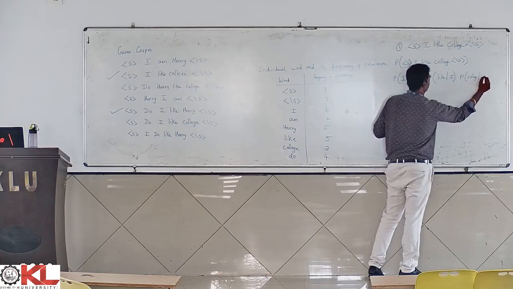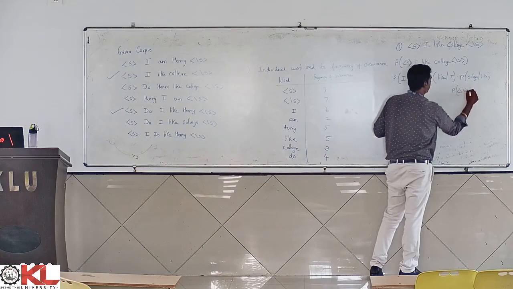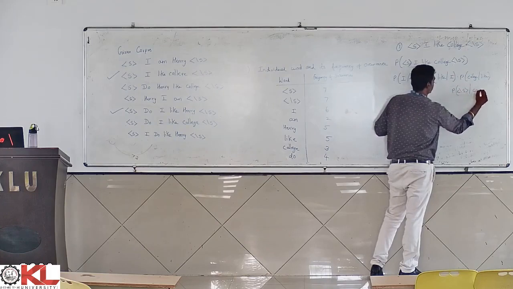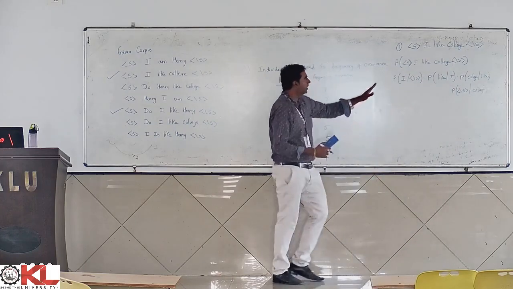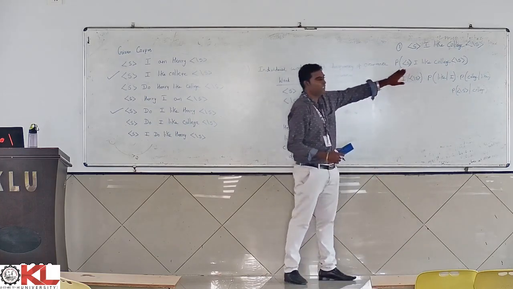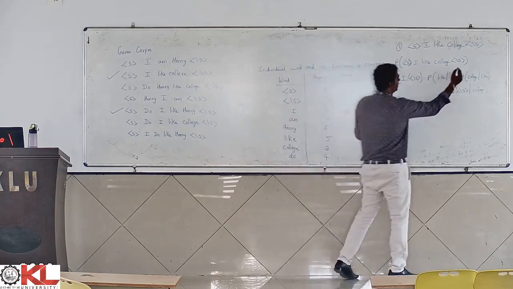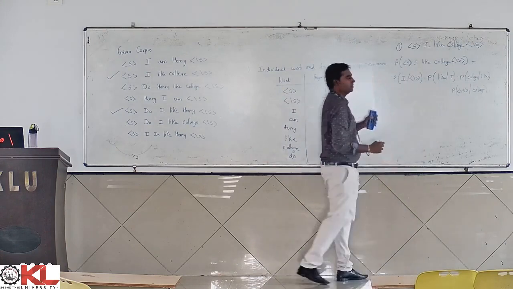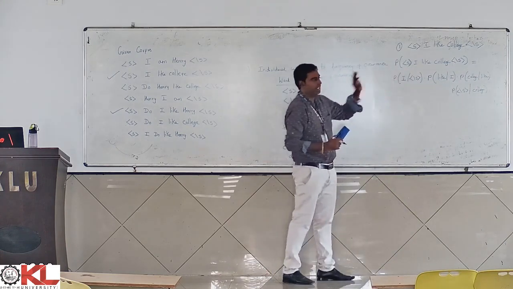Then given the previous word is college, I am going to find end of sentence. So now I have split the entire sentence into individual probabilities as per the chain rule.